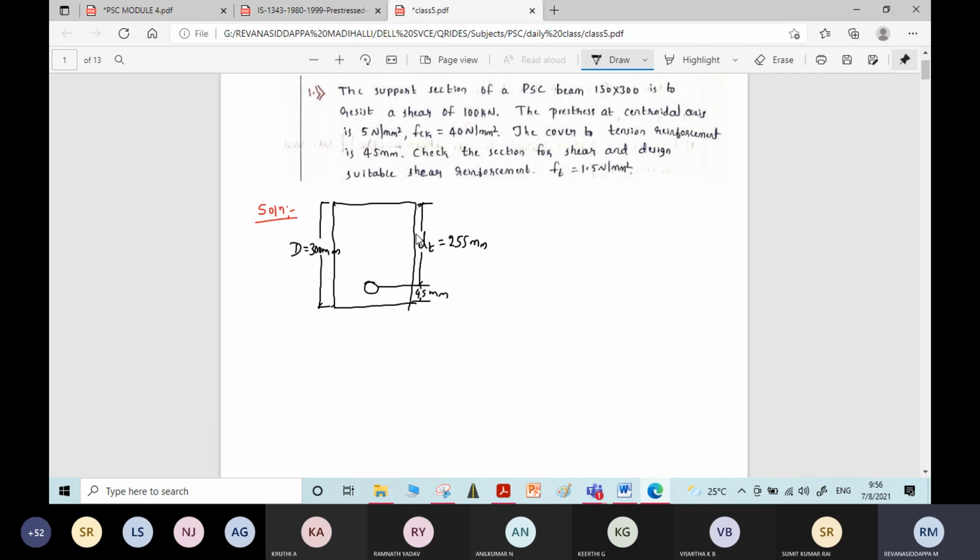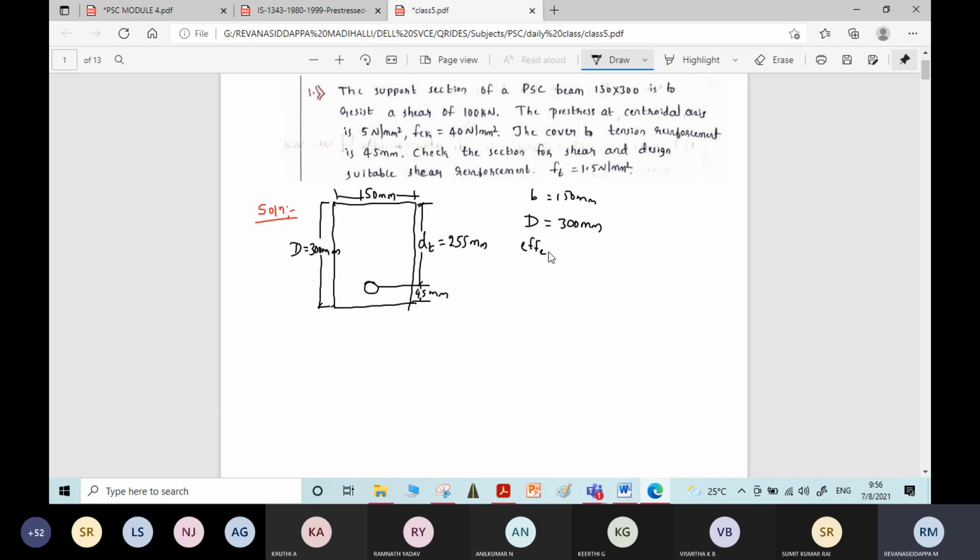The notation is taken as dt in that formula, so I will take the same notation, dt, for effective depth. B is equal to 150 mm. Overall depth is equal to 300 mm.